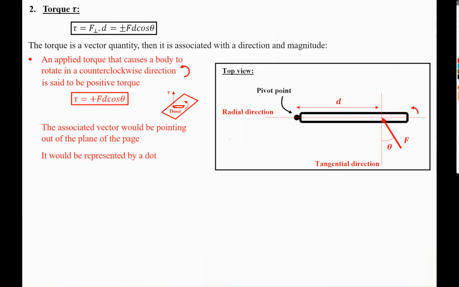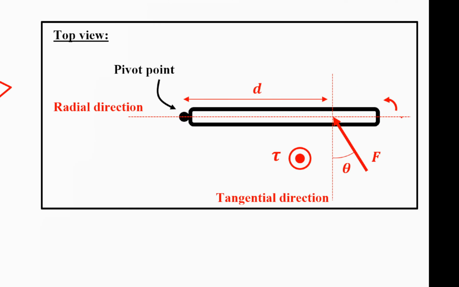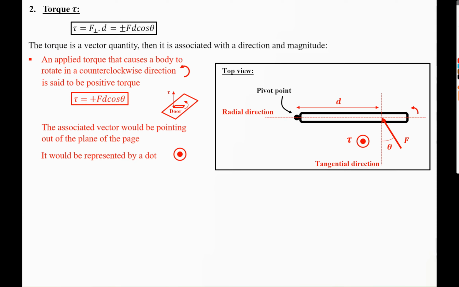So to do so, we will represent it by a dot, and here we will place a dot. Why? Because if the vector is pointing out of the plane of the page, something like that, and you're looking at the vector from this side, you will see that the vector is being represented by a dot. So whenever the vector is pointing out of the plane of the page, it will be represented by a dot.